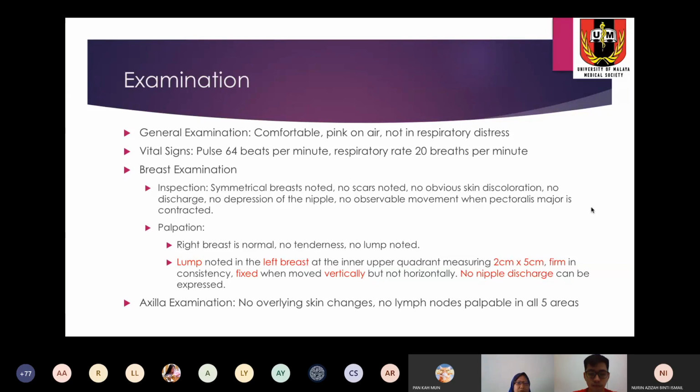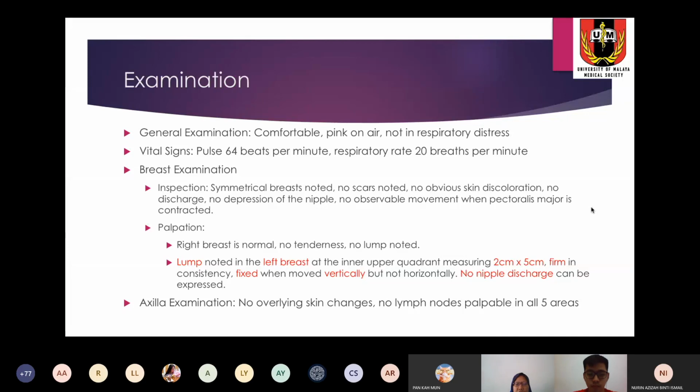You have to be very familiar with the normal breast first in order to identify the abnormal. Now you already identified that it is 2 by 5 cm, which I would say is quite huge. Anything 5 cm is quite big.